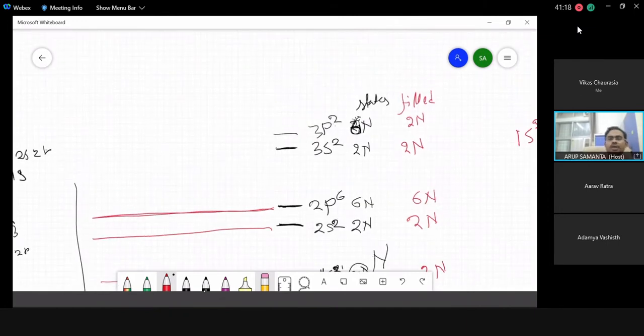But here what will happen if you try to reduce it? If they have some interaction, the 2N states will start to split into 2N energy levels. They will split from each other. The 6N states will split into 6N levels, and this 2N will split into 2N states.